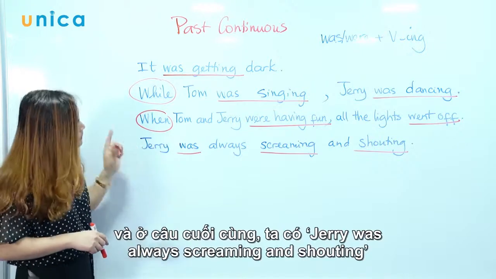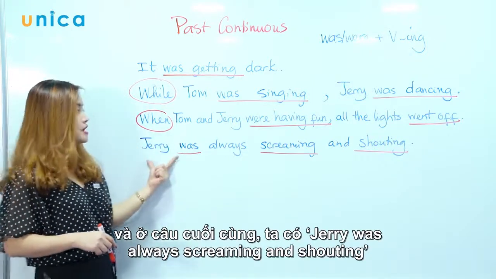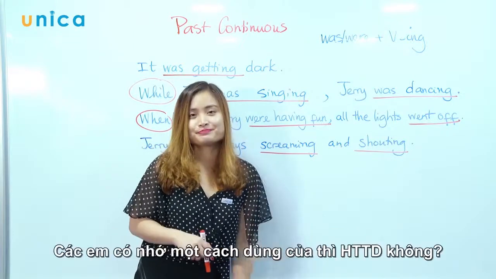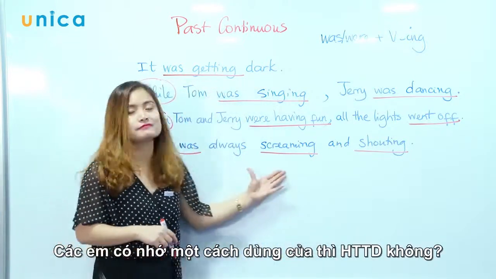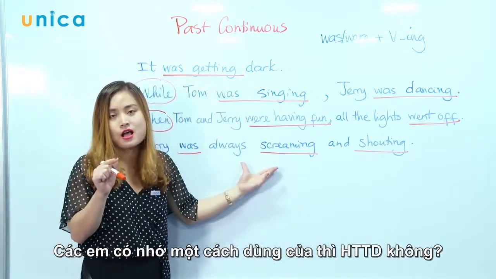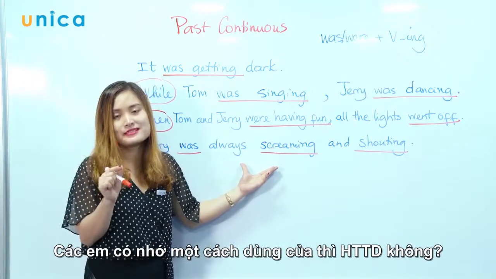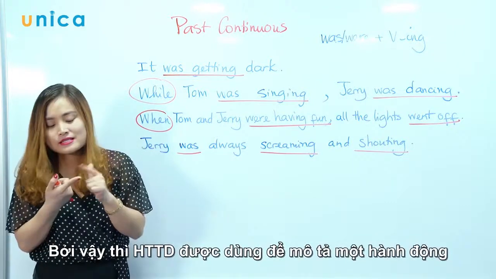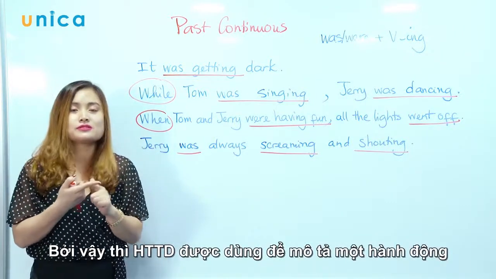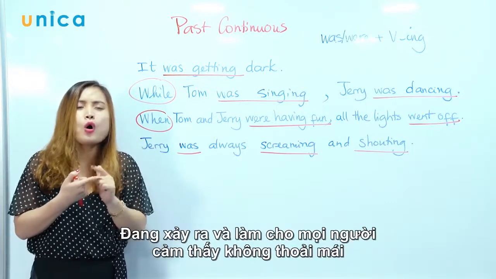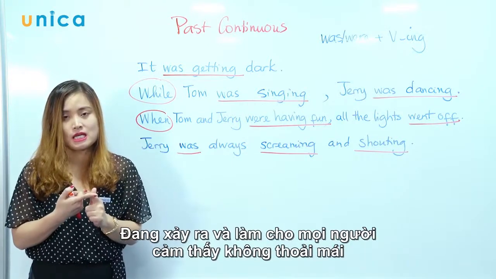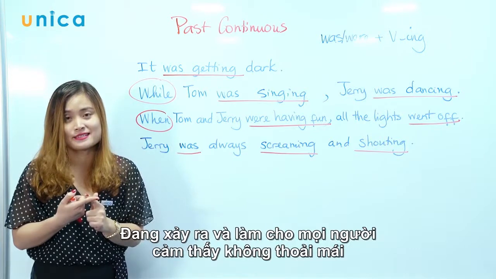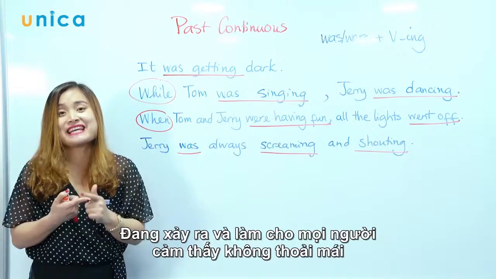And the very last sentence we have, Jerry was always screaming and shouting. Does it remind you of one of the usages of present continuous? Yes. So the present continuous is also used to describe an action that is always happening and causing people to feel upset or irritated.